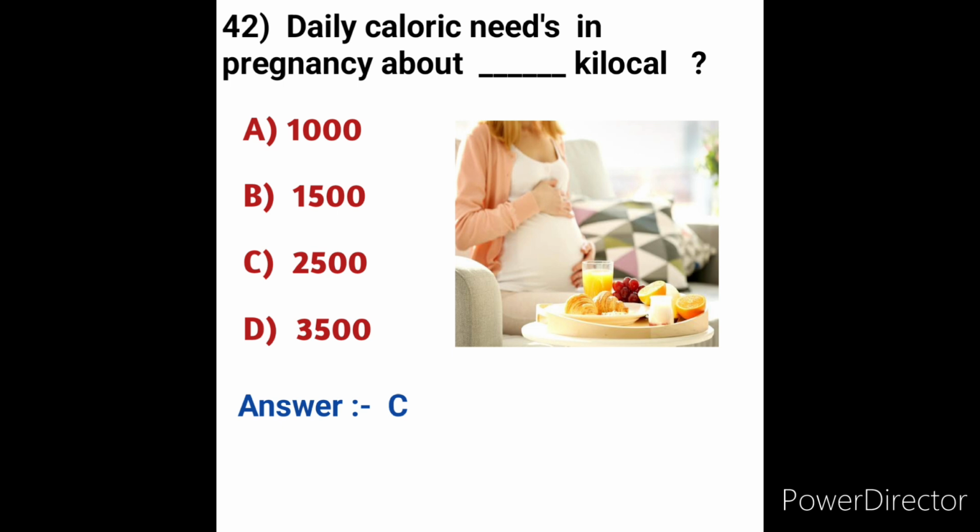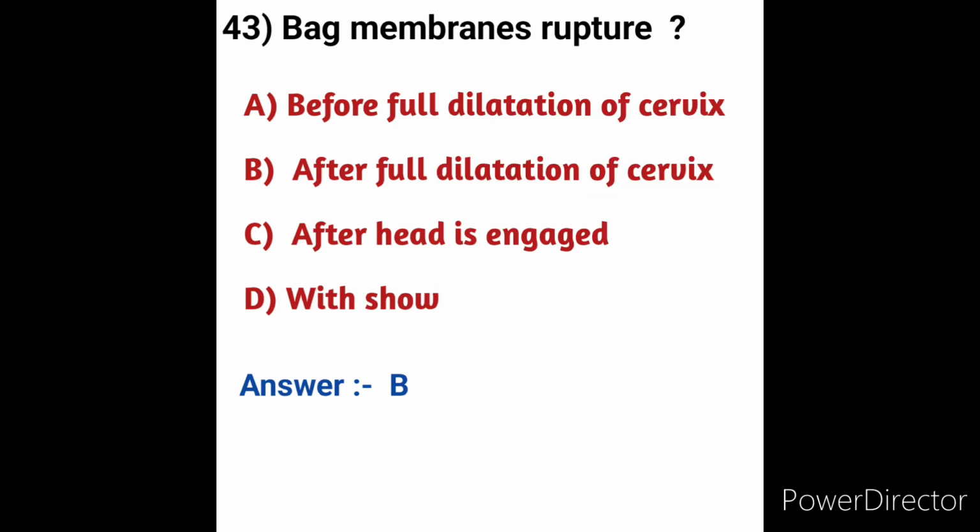Next, move on to question number 43. Bag of membranes rupture means: option A before full dilatation of the cervix, option B after full dilatation of the cervix, option C after the head is engaged, option D with show. Sometimes the membranes break before a woman goes into labor.